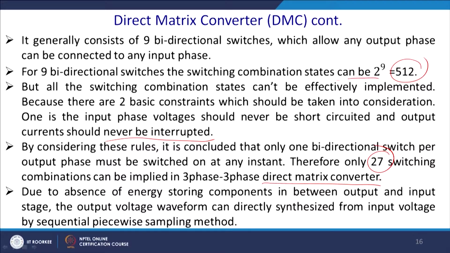Due to the absence of an energy storing component, the output voltage waveform can be directly synthesized from the input voltage by a piecewise sampling method. We will see how the waveform is generated in coming slides.